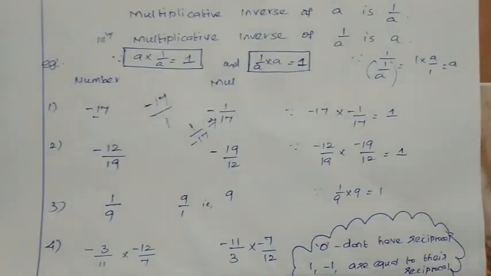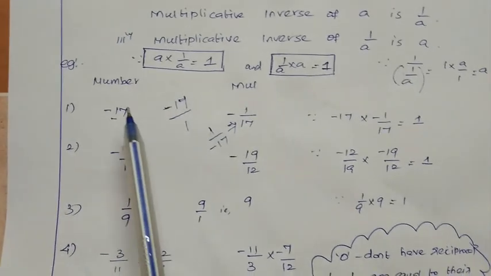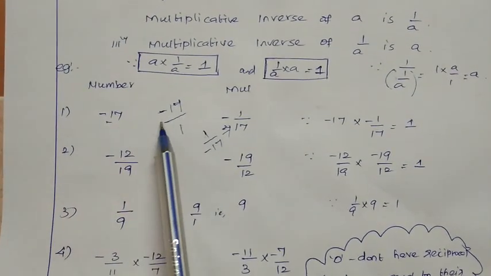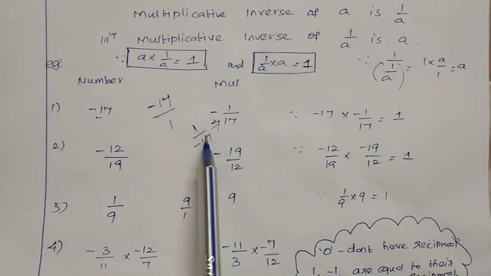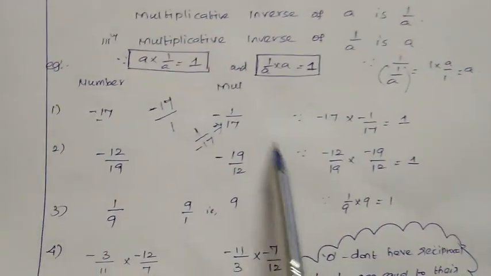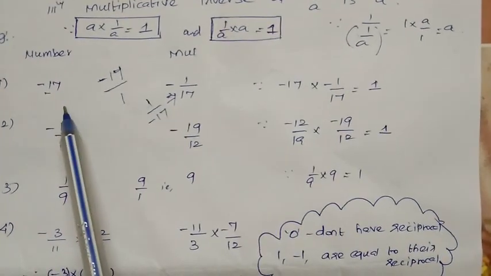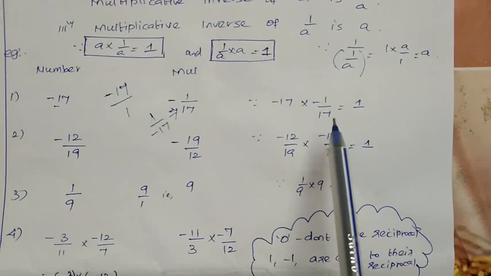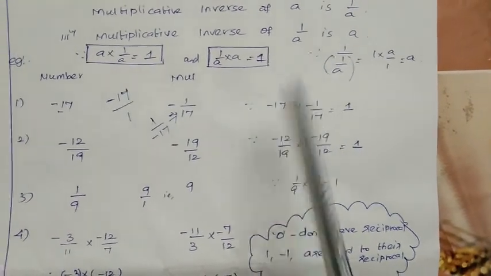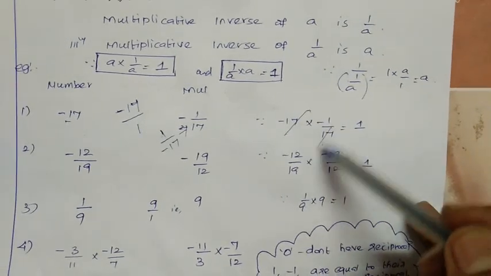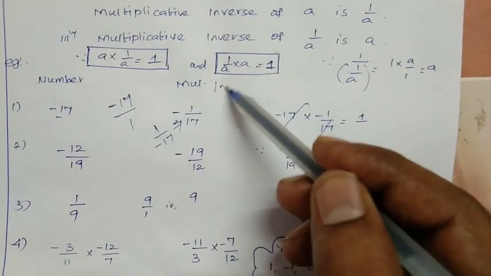Like that we need to write. So just we need to find those reciprocals. So minus 17 is minus 17 by 1, so we can write 1 by minus 17, and the reciprocal is minus 1 by 17. Because the multiplicative inverse of minus 17 is minus 1 by 17: minus 17 into minus 1 by 17, we can cancel this 17. Minus into minus is plus, answer 1. So here, multiplicative inverse.